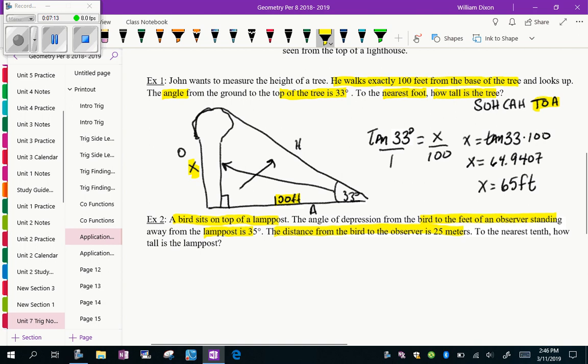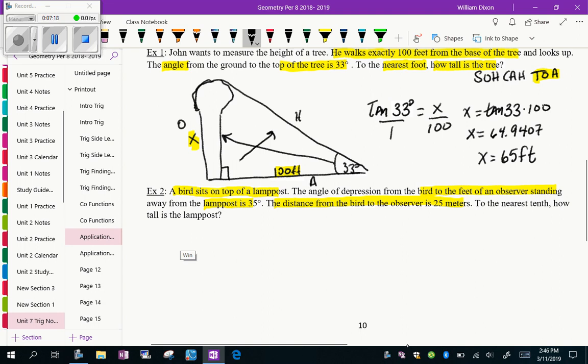So what I'm going to do is I'm going to draw that. Lamppost, not too bad. Bird, that's pretty bad. All right, now, so the bird sits on top of the lamppost.